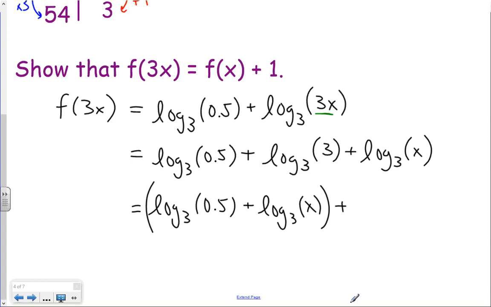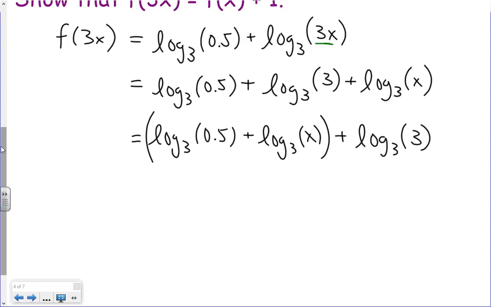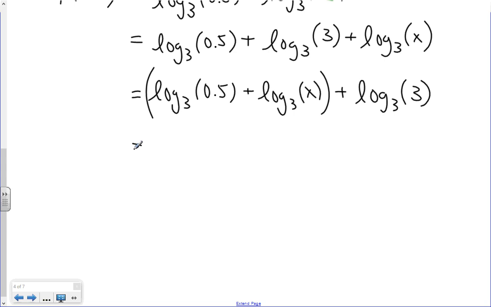I've got the log base 3 of 3, which turns out to be a pretty nice number, right? Log base 3 of 3, I can do that without my calculator. But look at the first part that's in parentheses. That first part is just my original function, log base 3 of 0.5 plus log base 3 of x. If I go back up here, that's the original function, f of x. So I can replace that with f of x.